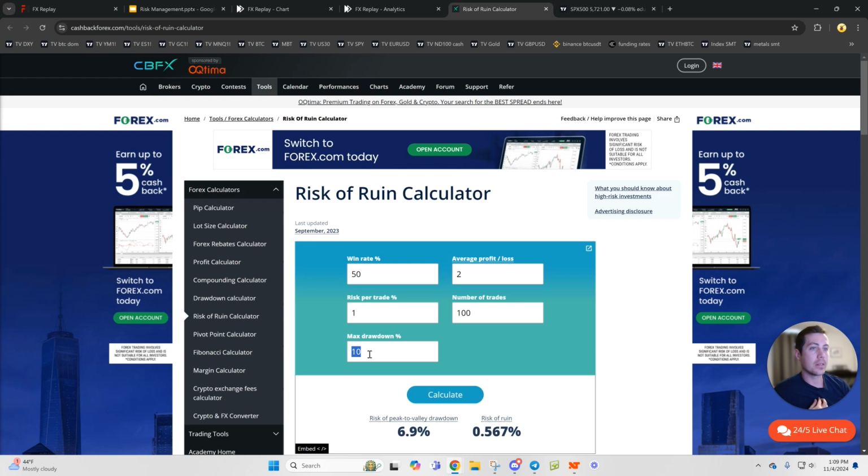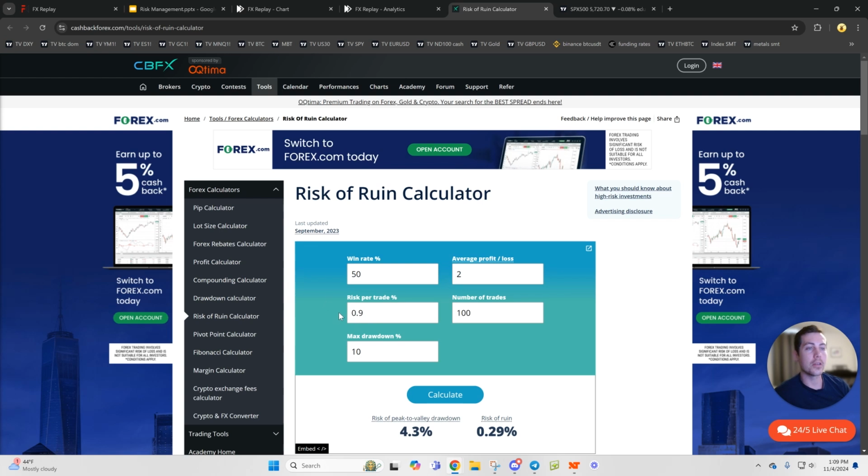I believe they have a 10% drawdown constraint, and so if we were trading a strategy that was 50% win rate, average of 2 risk to reward, my main goal is to get this peak to valley drawdown number under 5%. I think that's a pretty conservative amount. So if we drop this a little bit lower, maybe 0.9.